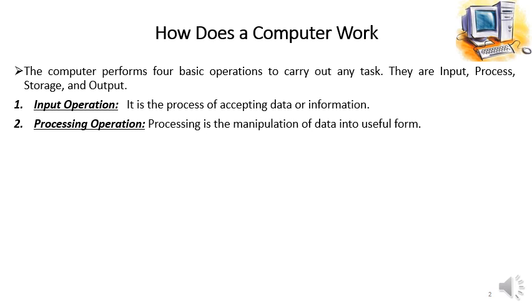Second, processing operation. Processing is the manipulation of data into useful form. Manipulation means performing any kind of operation over the data. If the data is numeric, maybe there are some mathematical operations performed on that data.